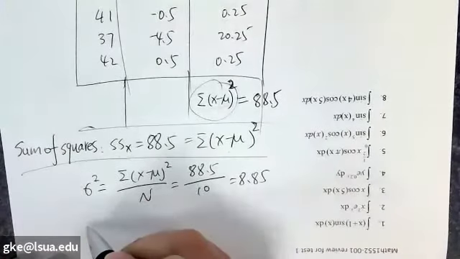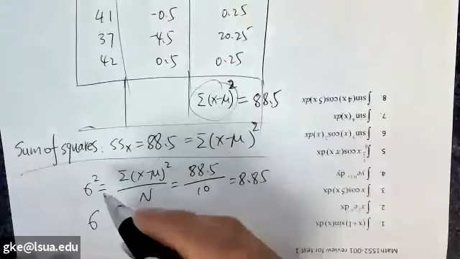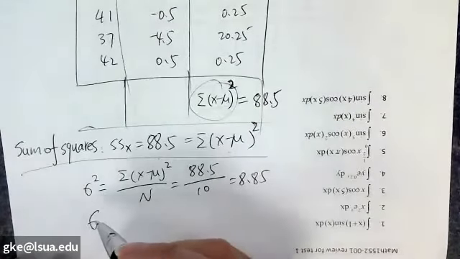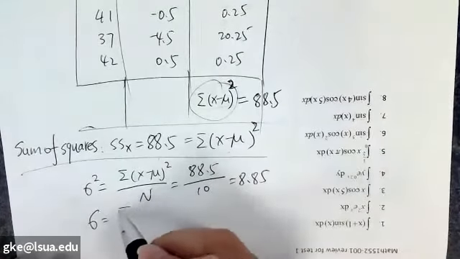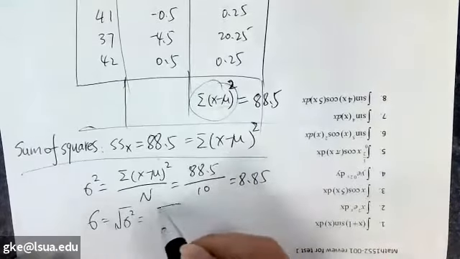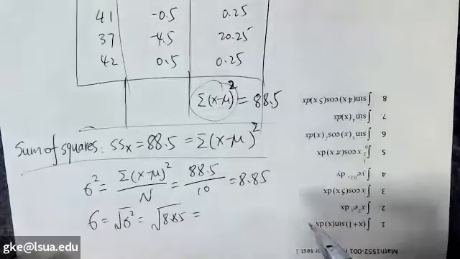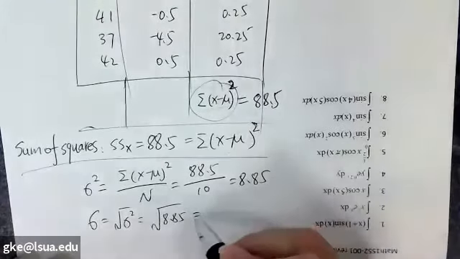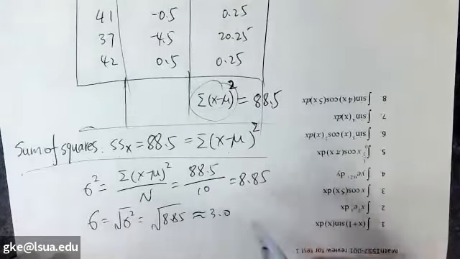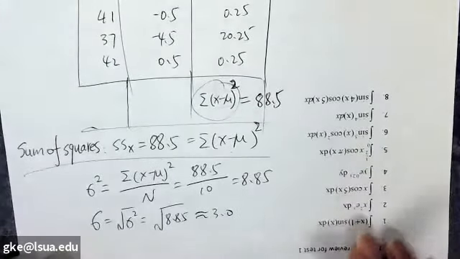And the population standard deviation gonna be a square root of this guy. That equals around 3.0. Okay, 3.0.